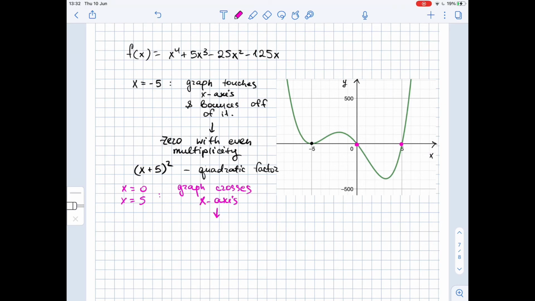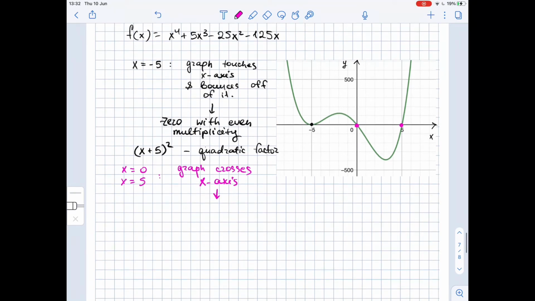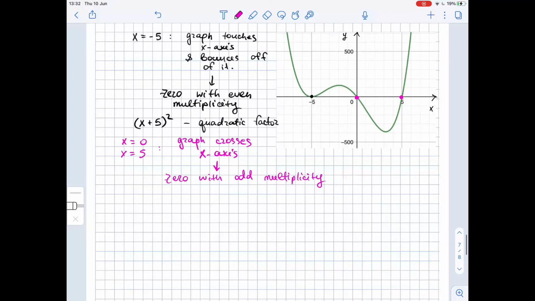Well, that means that these are zeros with odd multiplicity. So that means that x minus 5 and x are factors of the given function.